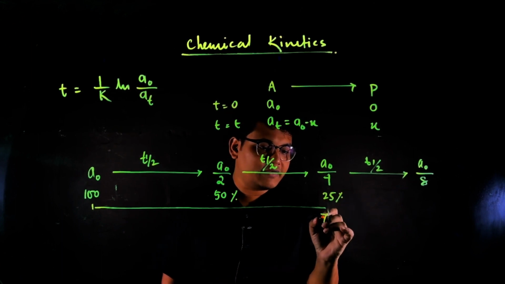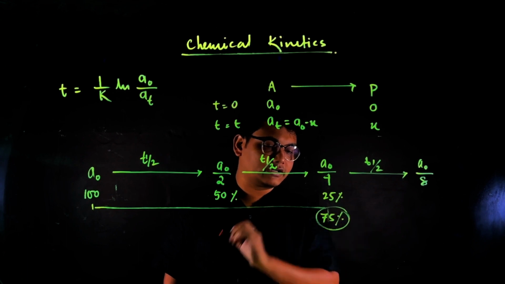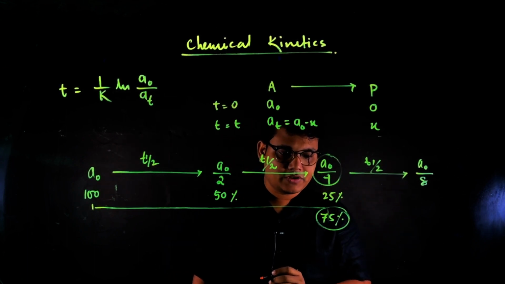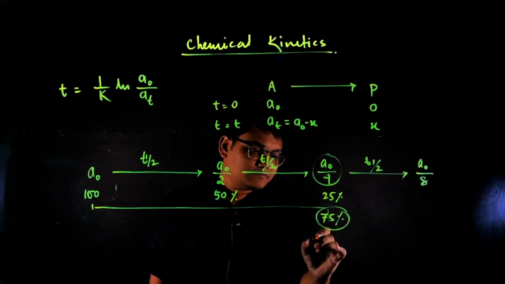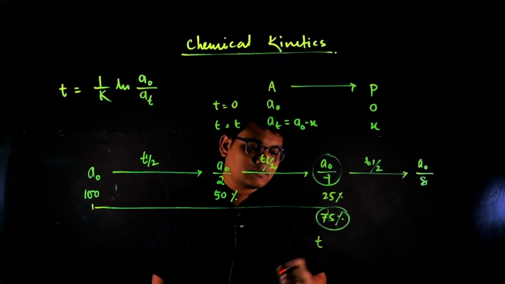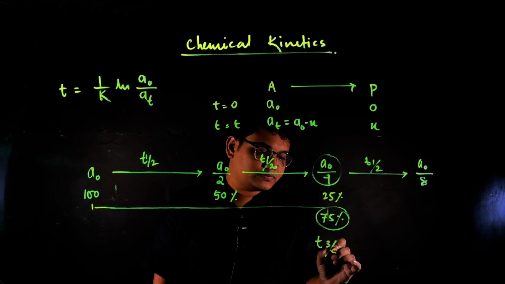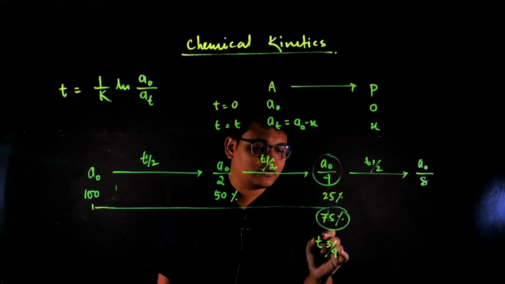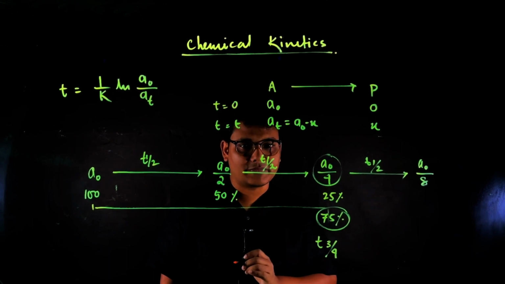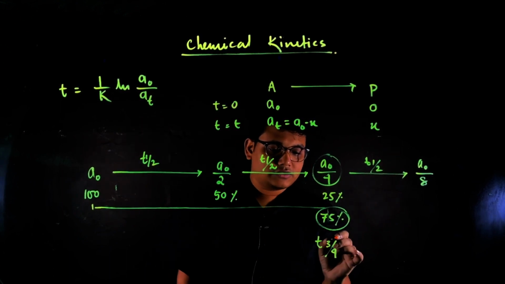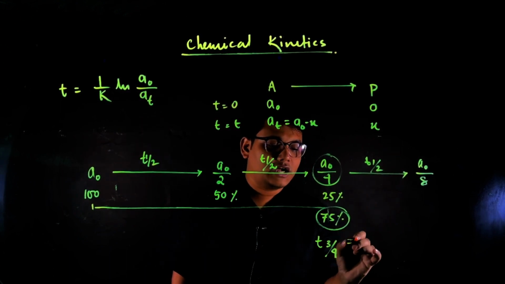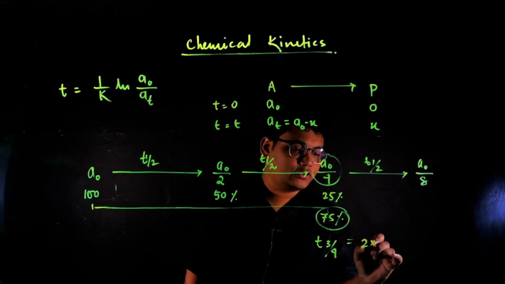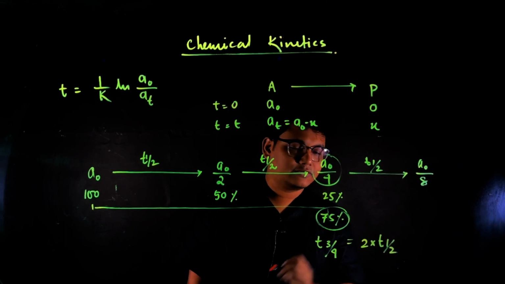That means 75% of the reaction is completed when the concentration becomes A0 by 4. So you can say the time here is t 3 by 4. 3 by 4 is actually 75%. So t 3 by 4 will be equal to 2 into t half.